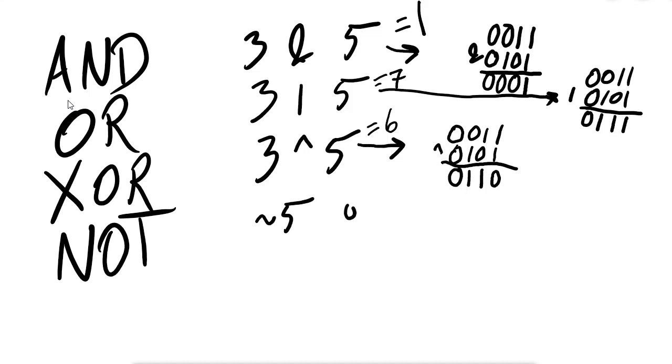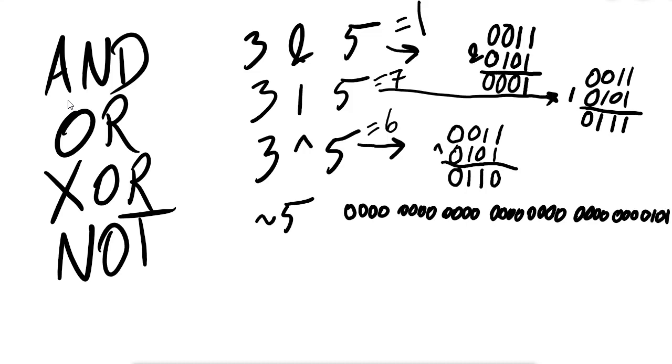We write the first 4 bits, 8, and then 12, 16, 20, 24, 28, and now finally 32.